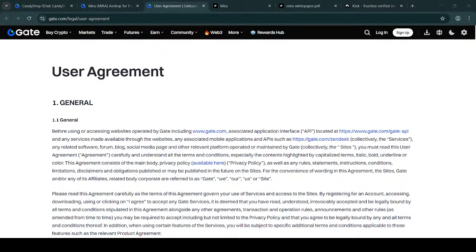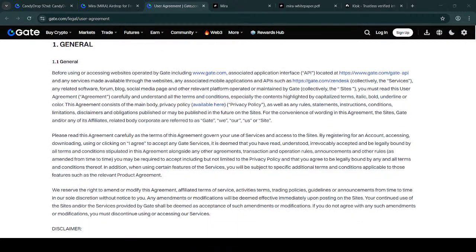collectively the Service, and any related software, forum, blog, social media page and other relevant platforms operated or maintained by Gate, you must read this user agreement carefully and understand all the terms and conditions, especially the contents highlighted by capitalized terms, italic, bold, underline or color.